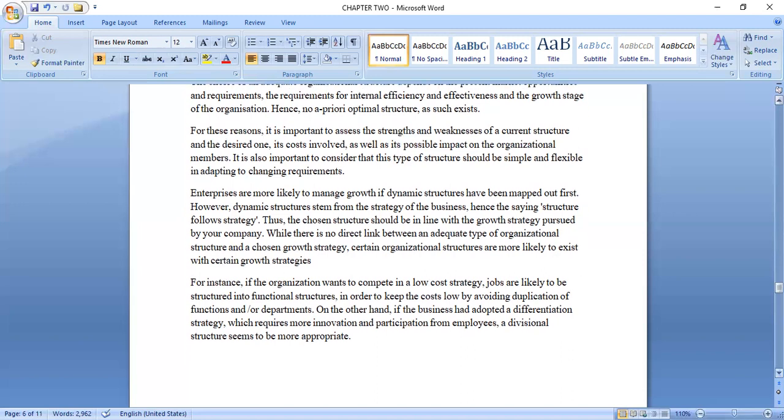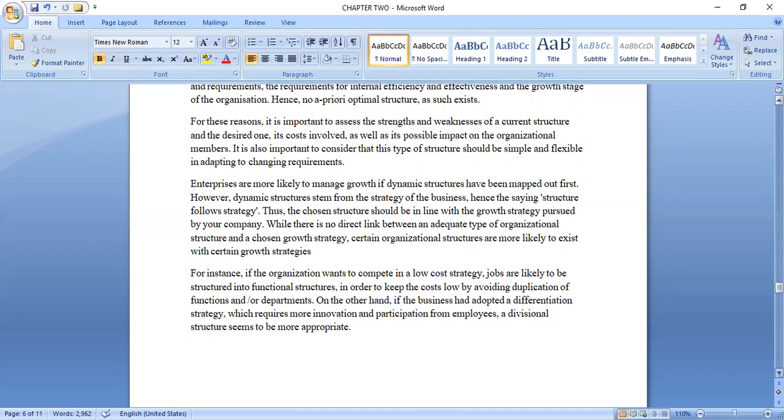Then, of course, these organization structures are determined according to the strategy of the business.